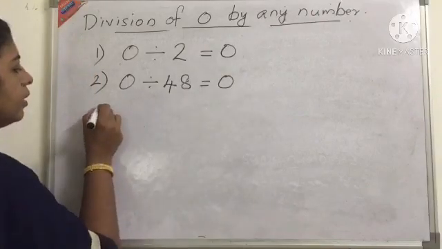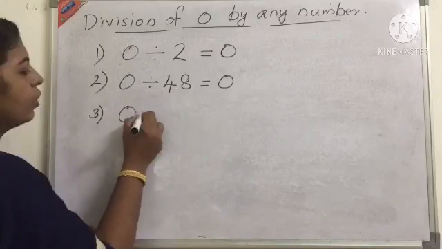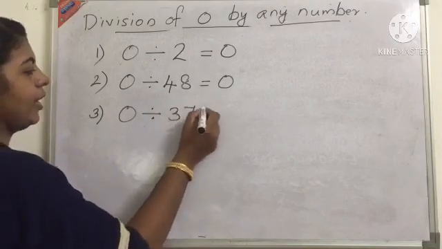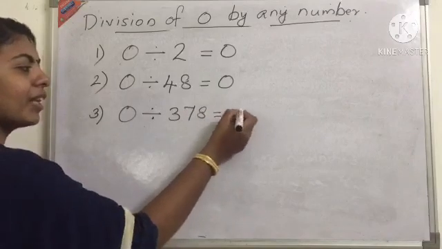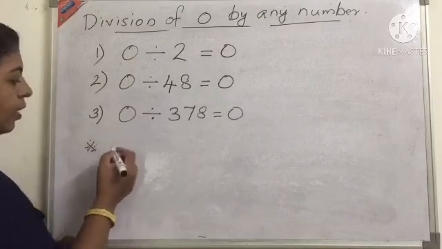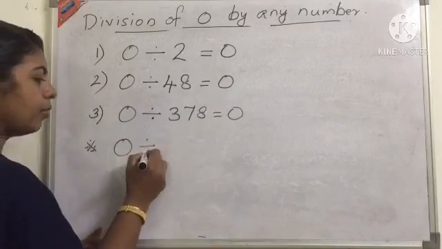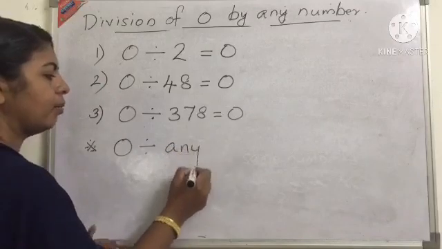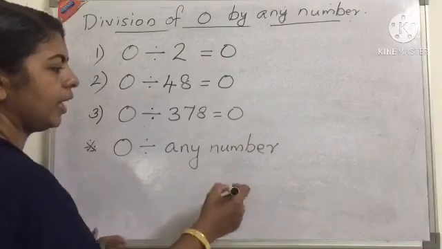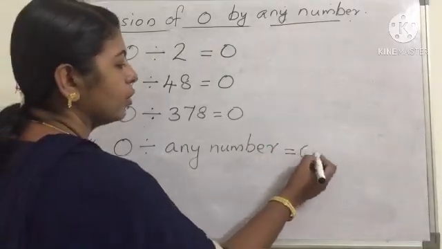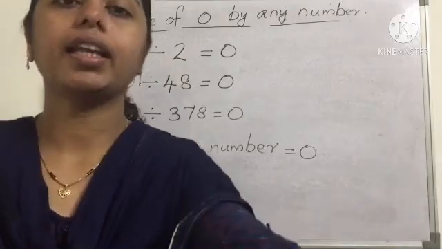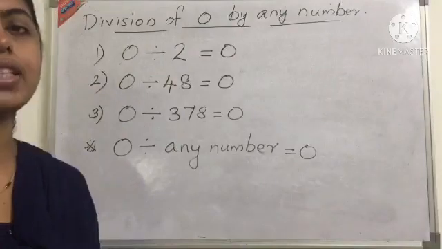Then third one, 0 divided by 378 equal to 0. So what can we write? Whatever the number, 0 divided by any number equal to 0.